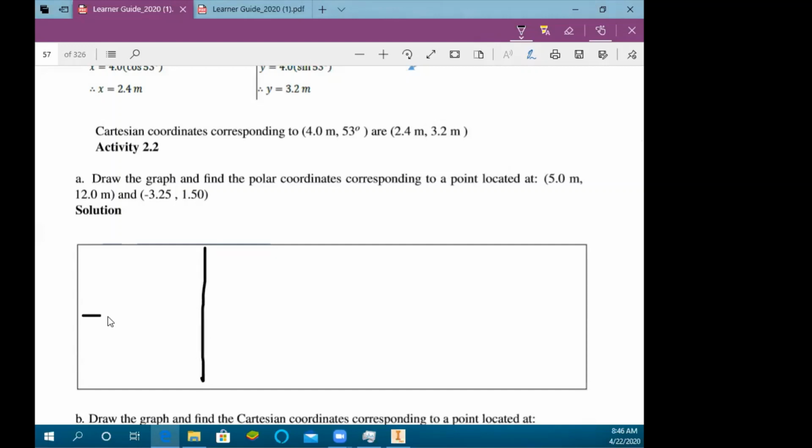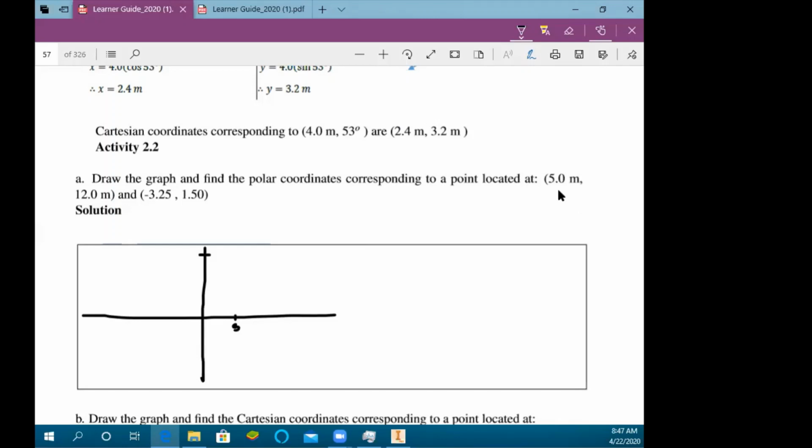The first Cartesian coordinates that we are given are 5 and 12, right? So you just move 5 steps here. Let me call this my 5 here. And then I move upwards to 12.